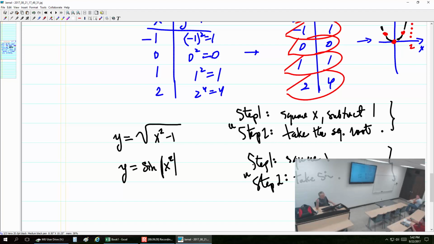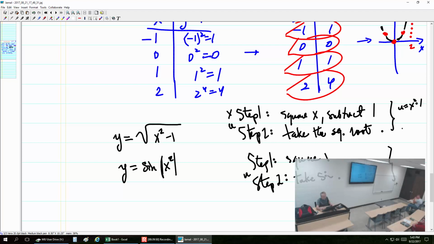Suppose we have an extra intermediate disposable variable, let's call it u. So still the original input is x, the output is u, and I just read the first row: square x, subtract 1, so u is equal to x squared minus 1. And then u becomes the input of the second function.